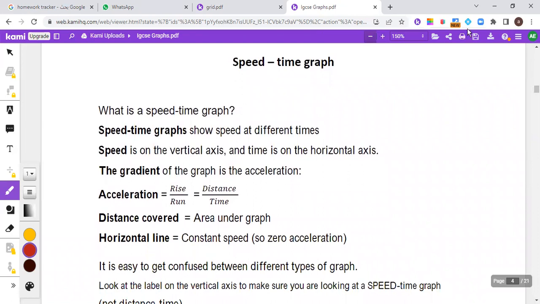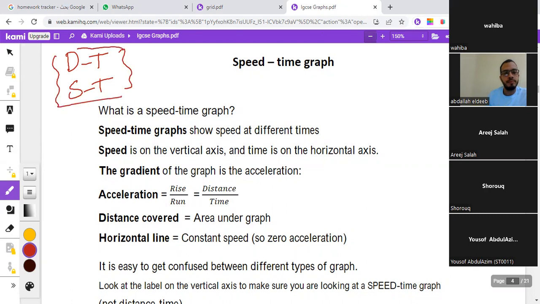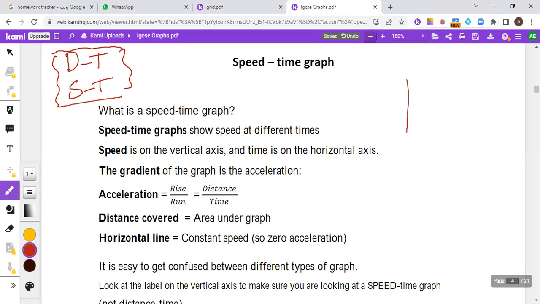Now, we're done with the distance time graph. Focus. Now we study the speed time graph. We have two: the distance time graph and the speed time graph. Also, we have two axes.